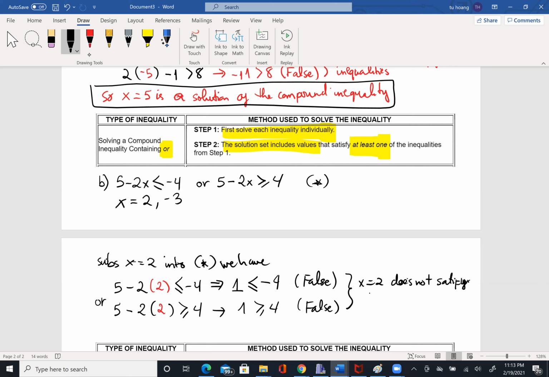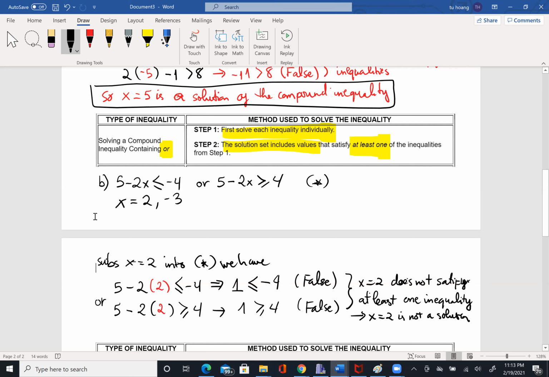They're not satisfying at least one inequality. Okay, so then I can say x equal to 2 is not a solution.